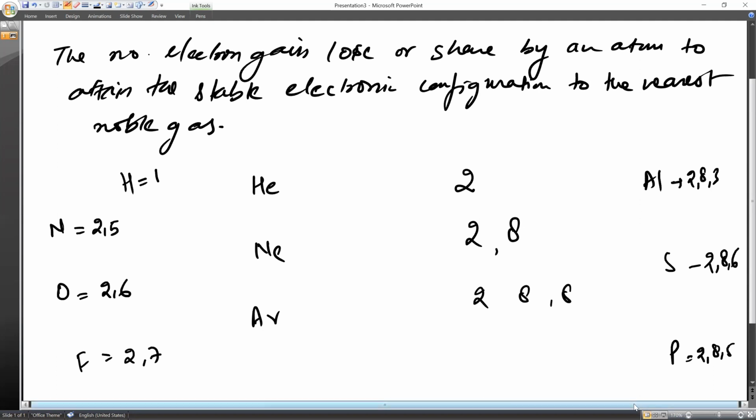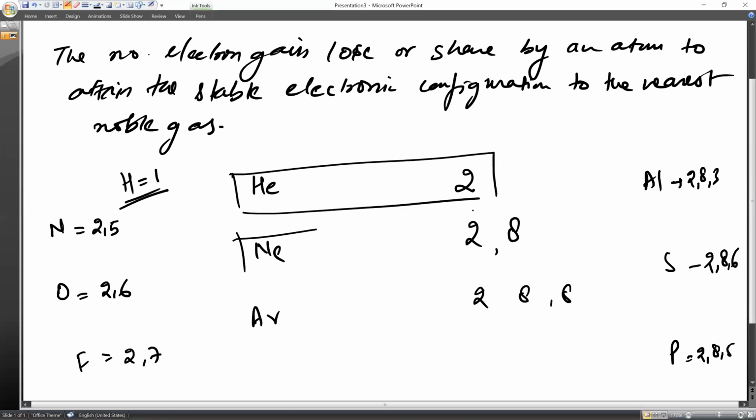So can you tell me the nearest noble gas of hydrogen? It is helium, which is going to have 2 electrons, the first shell it needs to fill. Helium is a noble gas, neon is a noble gas, and argon is a noble gas.